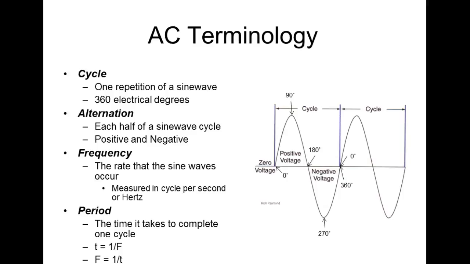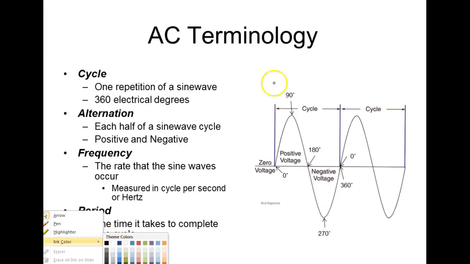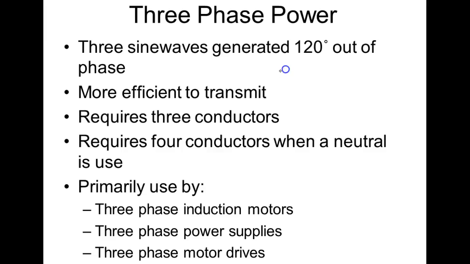A frequency is the rate of the sine waves. So Alabama Power generates 60 cycles for every second.